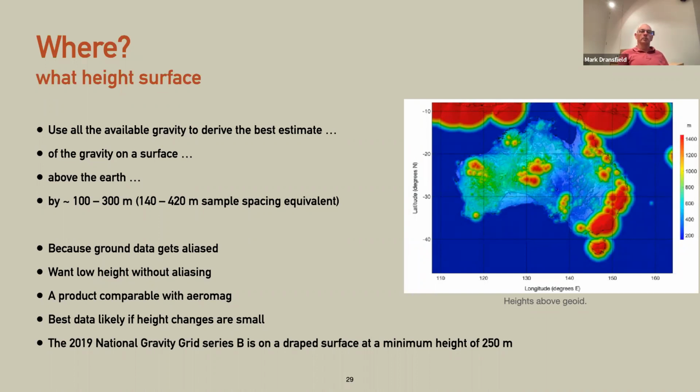We already know from the investigations we've done so far that you get the best data if the height changes are small. So you're flying surveys at 80 meters, 150 meters, maybe 300 meters above the ground. So you want to be in that range to get the best outcome from your continuation. And finally, I noticed that the 2019 National Gravity Grid Series B is on a draped surface at a minimum height of 250 meters.